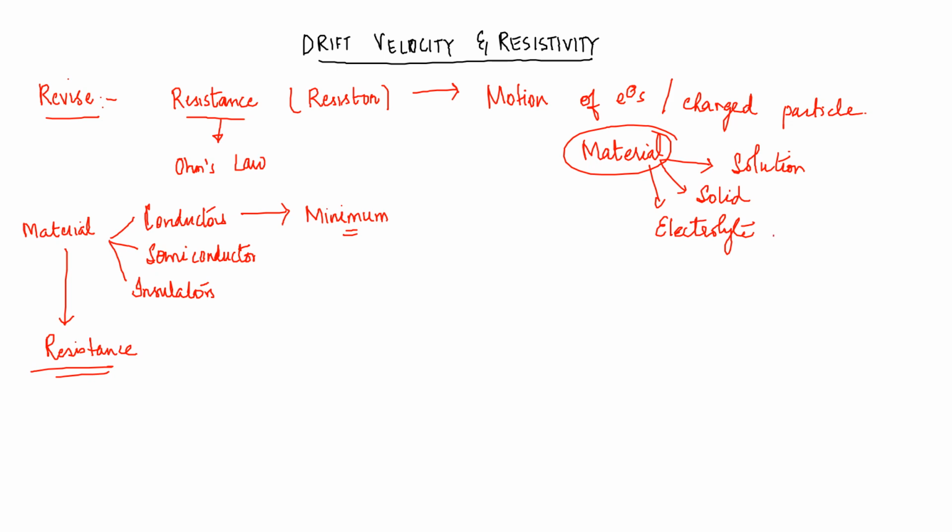Now, conductors provide minimum resistance to these electrons or charged particles, whereas semiconductors have their separate properties. They work under the condition of doping and non-doping. When they are doped, they behave like conductors, and when they are pure, they behave like insulators. We can say the conductivity in the pure state of a semiconductor is extremely less.